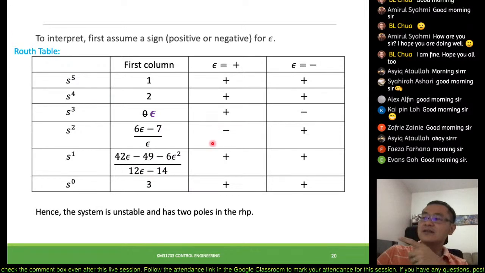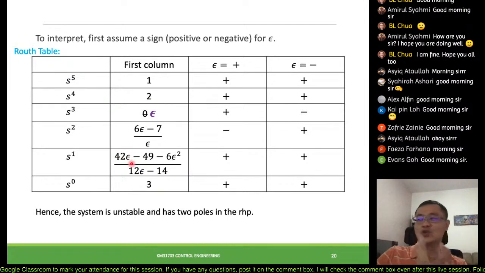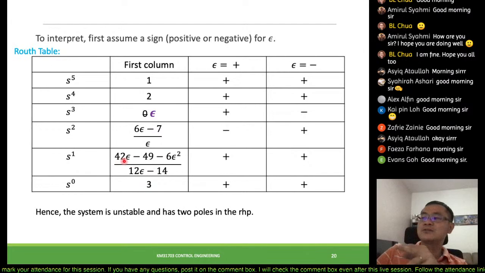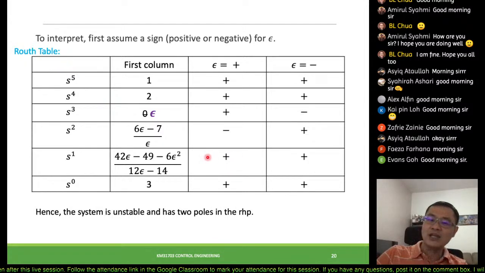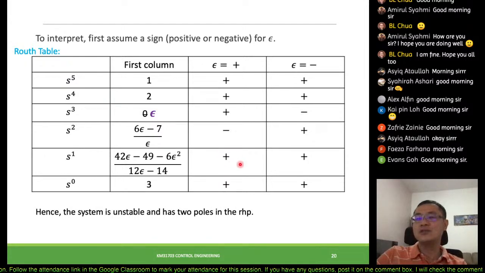Okay, then once this is negative, again put a small value to it, negative 1 or negative 0.01. You just use your calculator or whatever, put a small negative value to replace this epsilon, then again you will get a value which in this case is positive, right?